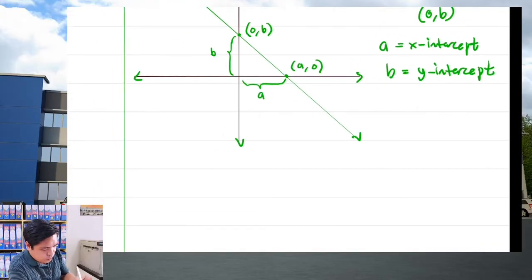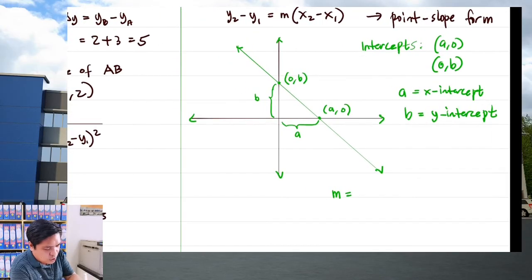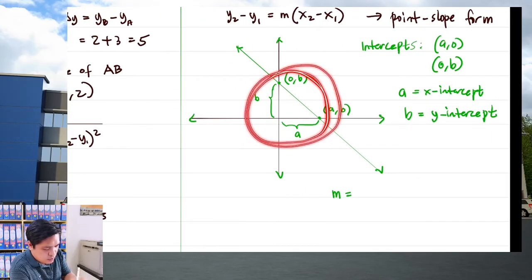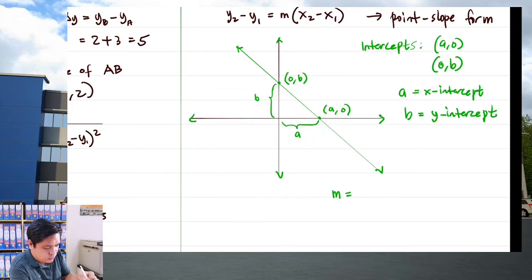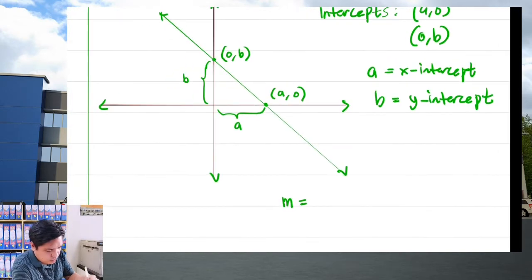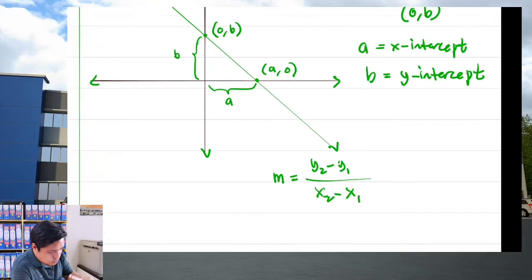Okay, now if we relate that to the slope m, if we are describing this line, what is m equal to? That's delta y over delta x, or y2 minus y1 over x2 minus x1.